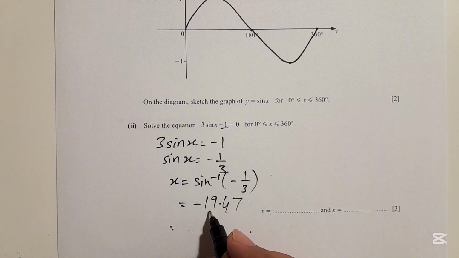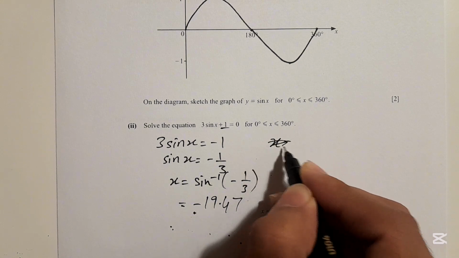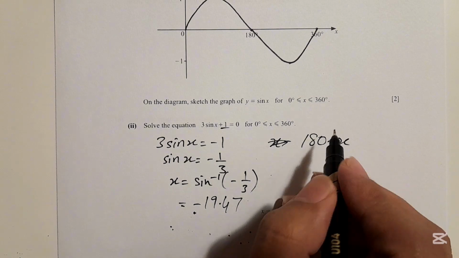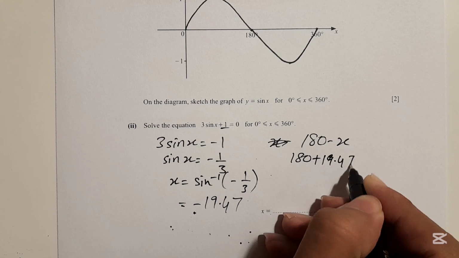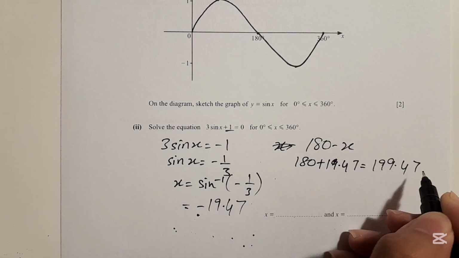Now, if it was positive, we would subtract the positive value from 180, but it's negative, so instead of subtracting, we will be adding: 180 plus 19.47, that will be 199.47.